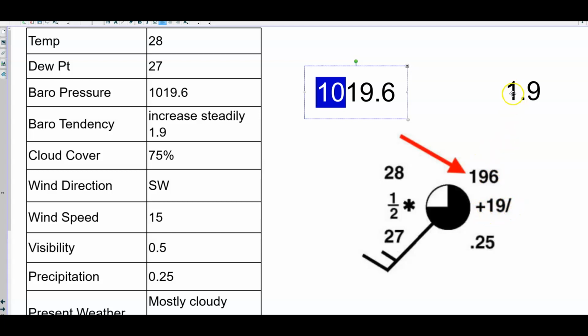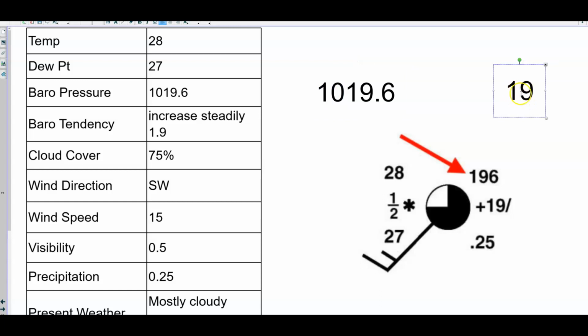Once again, if you look at the directions, we're looking at this number, right? We're looking at the ones place and the tenths place, which means to convert it, we'd have to put that decimal in there, right? And then we pull it over, and that's where the 1.9 came from. The plus sign tells me it's increasing. How it's increasing, that's what the slant means, and so it's increasing steadily at 1.9 gives us that idea.